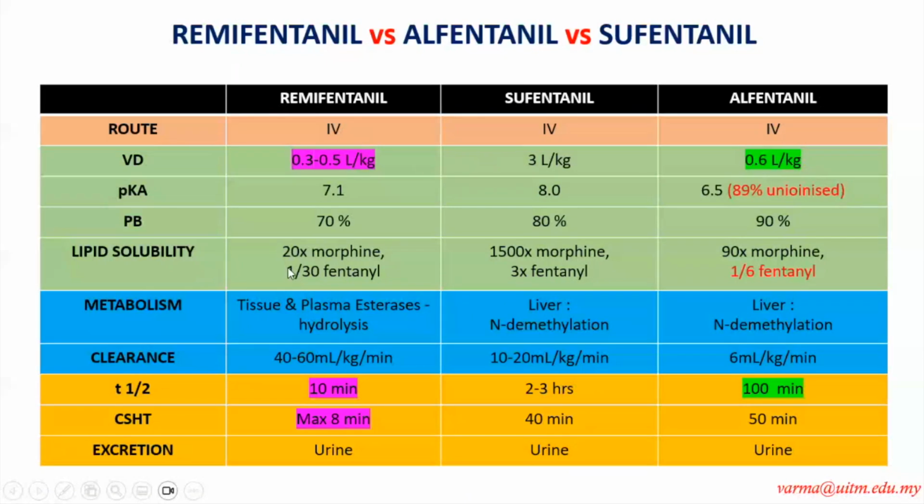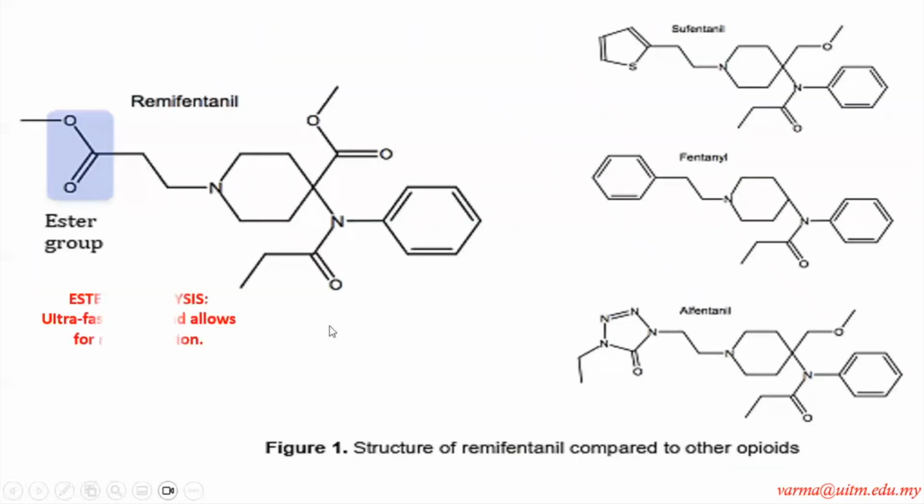Okay, for the metabolism you can see other opioids all depend on the liver, whereas remifentanil is basically on enzyme hydrolysis. So this is what I mentioned by ester hydrolysis, compared to sufentanil, alfentanil, and fentanyl. You can see remifentanil has an ester group, which makes it undergo ester hydrolysis.